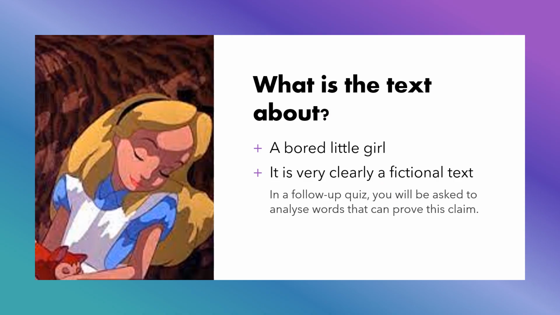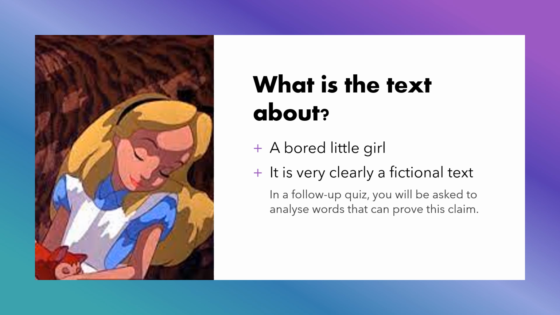Now, one of the first elements that you've been asked to consider is subject matter. What is this text about? Because this is a short excerpt, it has very little information, but we can pull out some content, and we can use that for what we could colloquially call a bare bones analysis.